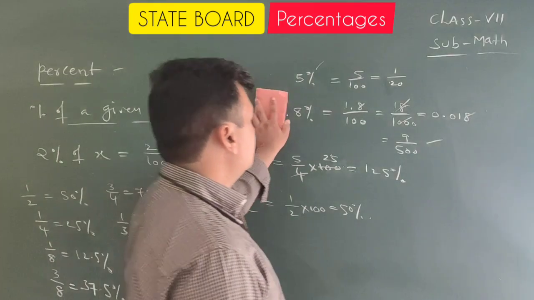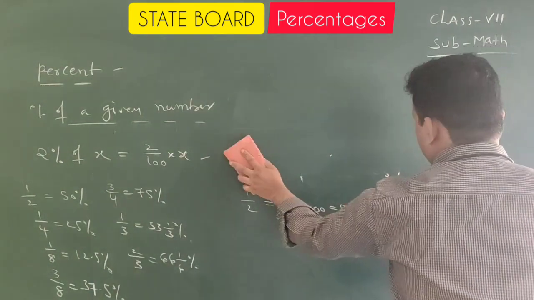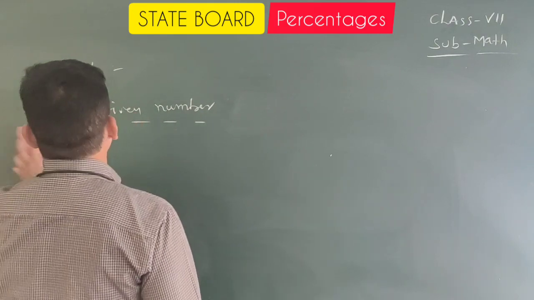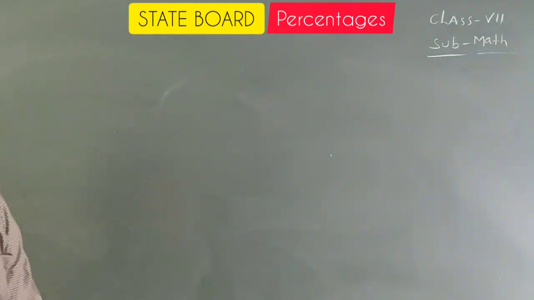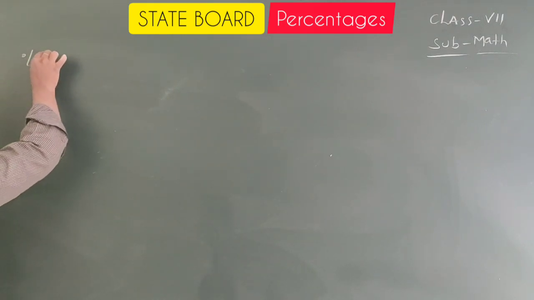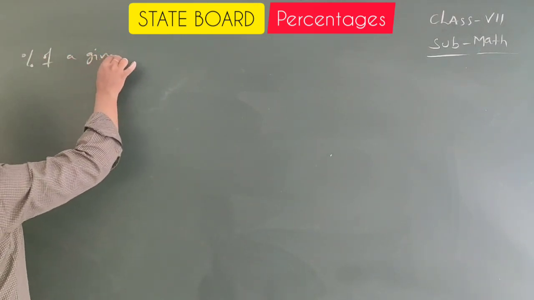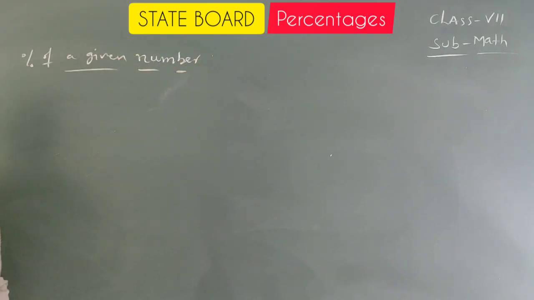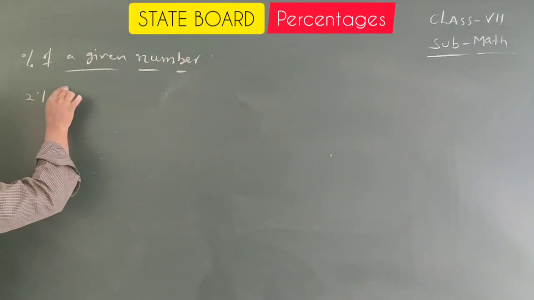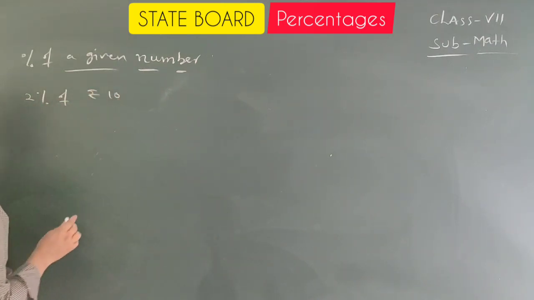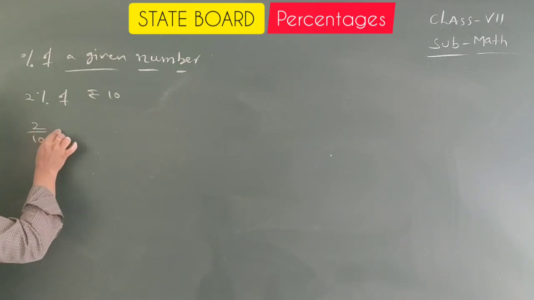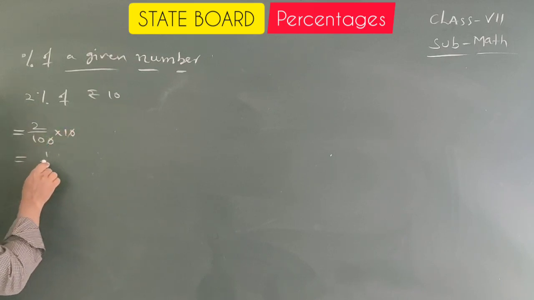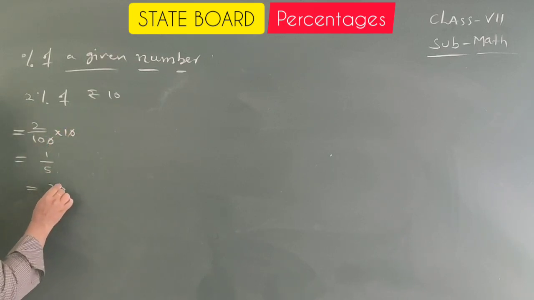Next, percentage of a given number. 2% of 10 rupees is 2 by 100 into 10.